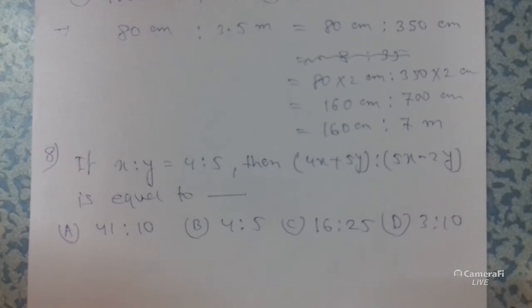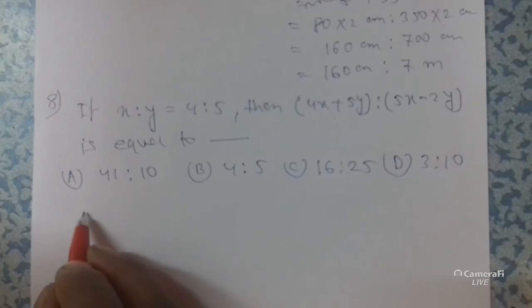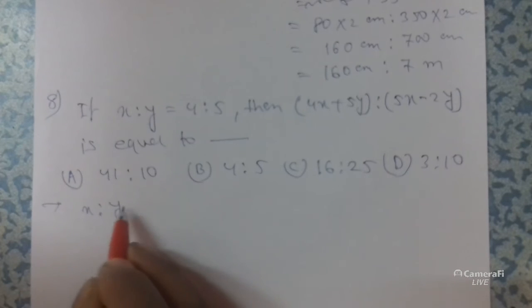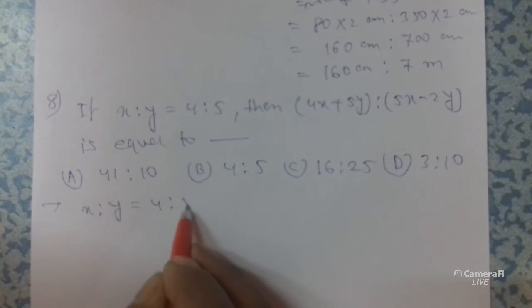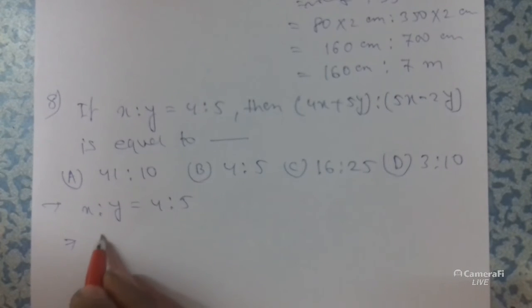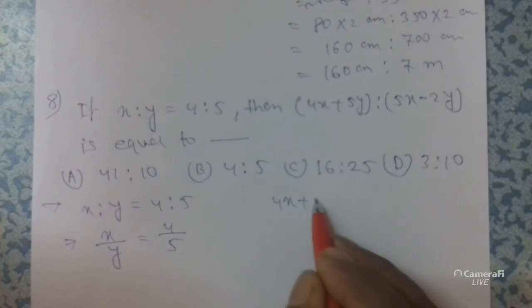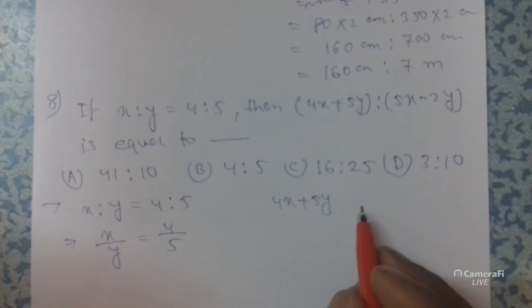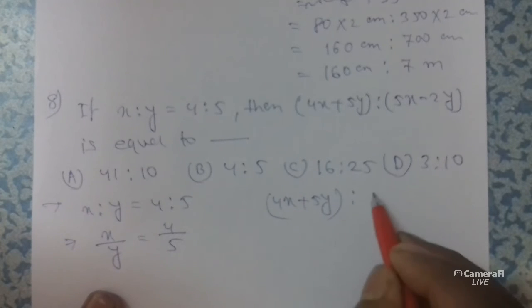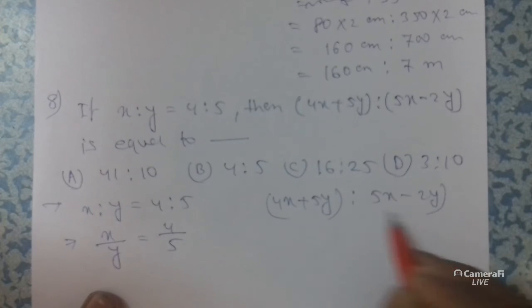So it is given that x is to y is equal to 4 is to 5. So we can write it like this: x by y is equal to 4 by 5. Now we have to find the value of 4x plus 5y is to 5x minus 2y.